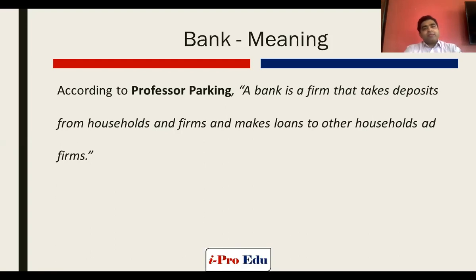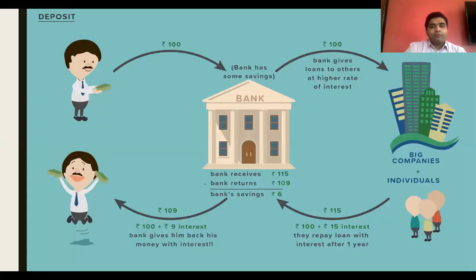So if we understand the concept of a bank, we'll get to know there are two basic functions of any bank: accepting deposits and lending loans or lending money. From the image which you can see on the screen, it is evident where a person is depositing 100 rupees into a savings account in a bank.